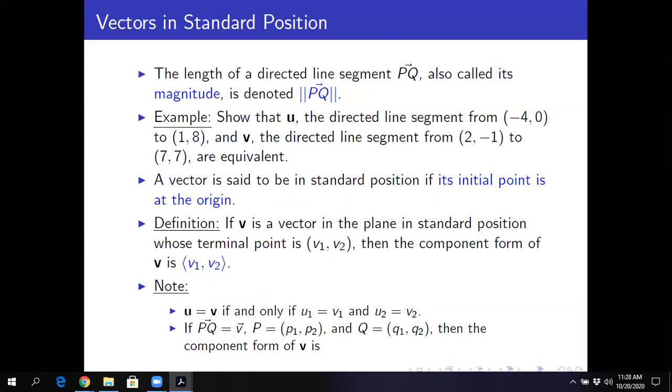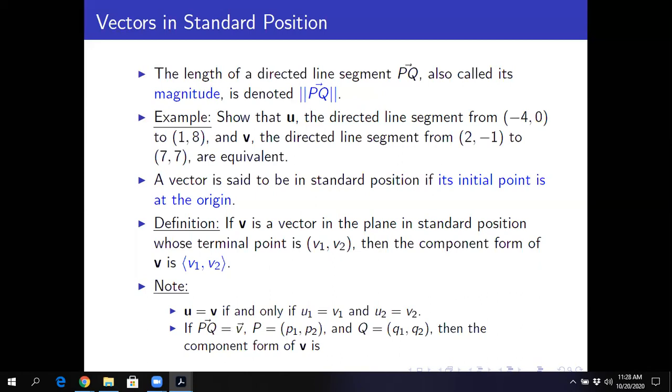Okay, if a directed line segment from P to Q is equal to V, and P is equal to (P1, P2), and Q is equal to (Q1, Q2), then the component form of V is, what do you think? How much x displacement has occurred in moving from P to Q? Only think about x displacement. Q1 minus P1.